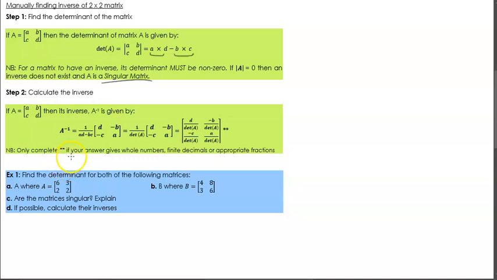Then we're going to calculate this inverse. So once we've found its determinant, to get the inverse, we have to do this crazy step, and I'll focus specifically on this one. We're going to change a matrix that has A, B, C, and D. Remember, these can be any random numbers.